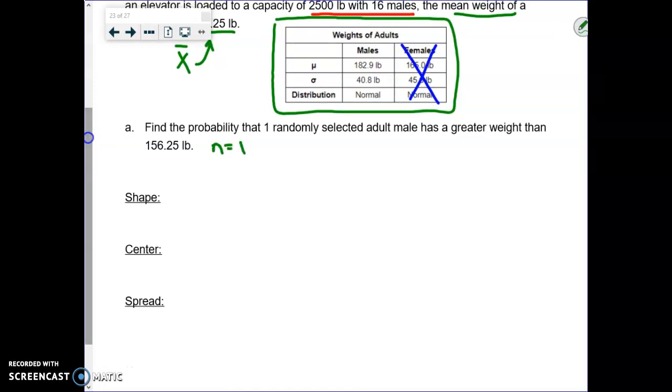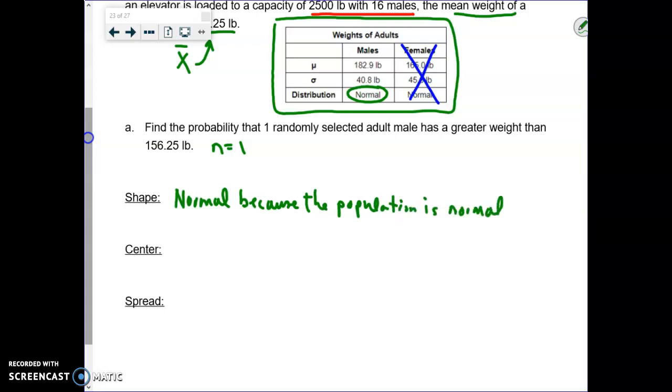Well, shape, it says that the distribution is normally distributed for male weights. So this is normal. Why again? Because it was given to us as normal. Because the population is normal. It told us that.